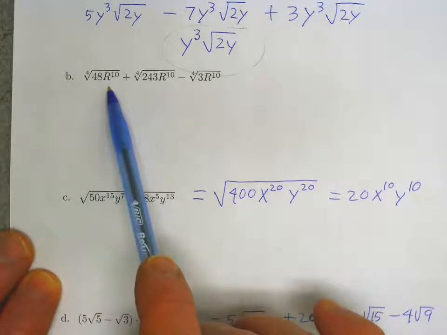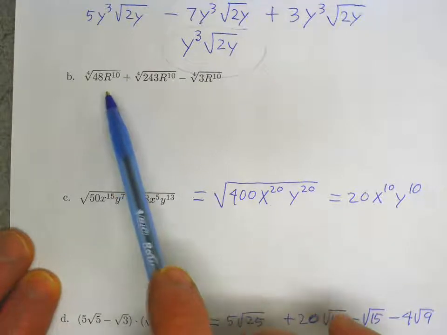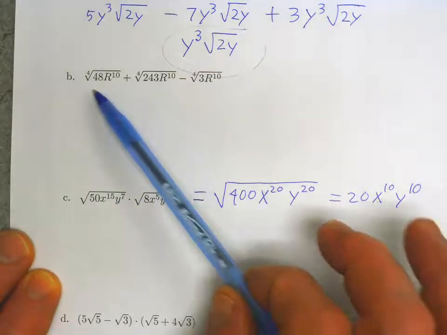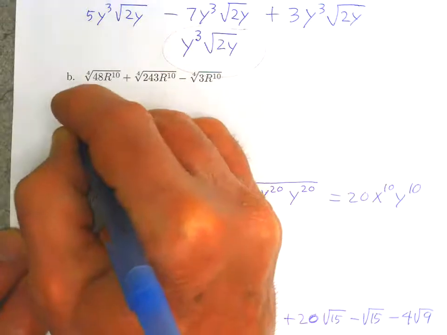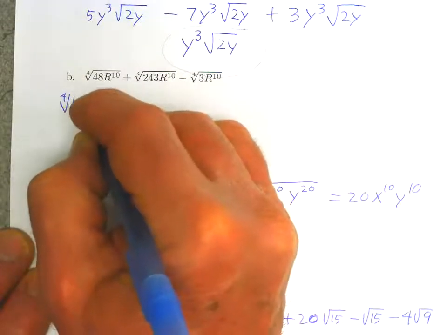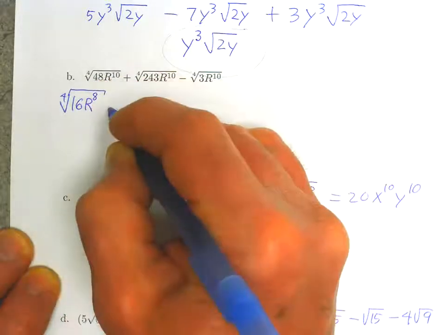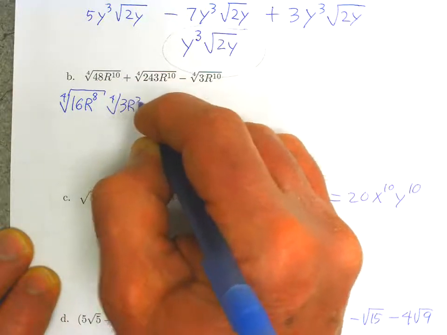The largest factor of r to the 10th that's a perfect fourth power is r to the 8th, because the exponent 8 is a multiple of 4. So you can rewrite this as the fourth root of 16r to the 8th multiplied by the fourth root of 3r to the 2nd.